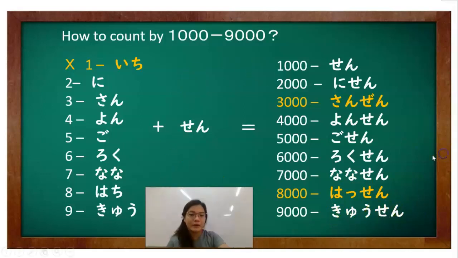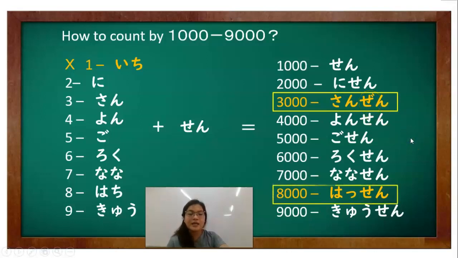Okay, so remember, the special here is 3,000. That is sanzen. So there is a ten ten in the zen part. Okay, next is the 8,000. Read as hassen. Same with chi. Okay, so you change chi into chisai tsu and then add sen. So that makes it hassen.